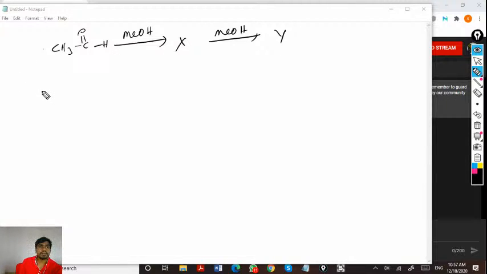Similarly, cyclohexanone is treated with ethyl alcohol, 2 moles. What could be the product? So, are you able to do it, or shall I explain one?